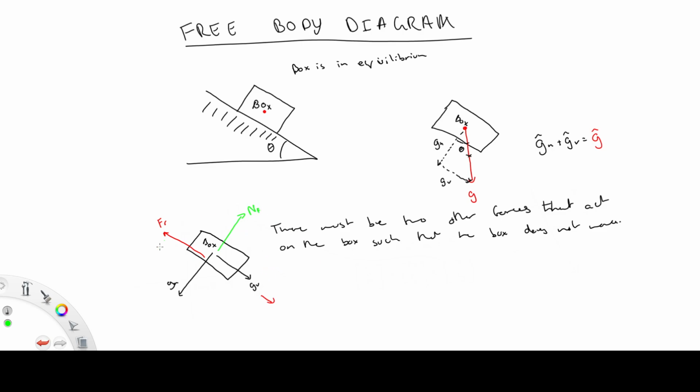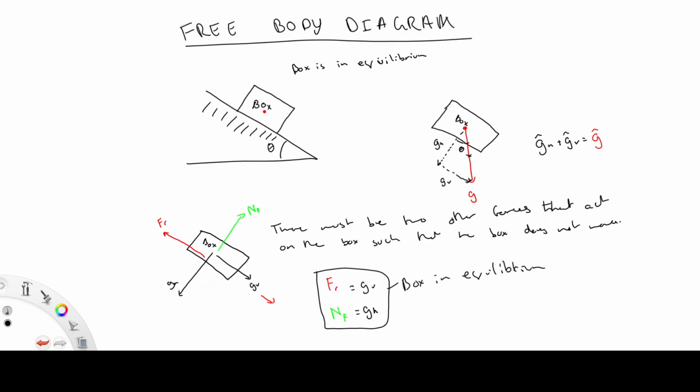Okay, normal force. Now Fr equals GV. And then GH, G horizontal, is equal to the normal force. This puts the box in equilibrium.